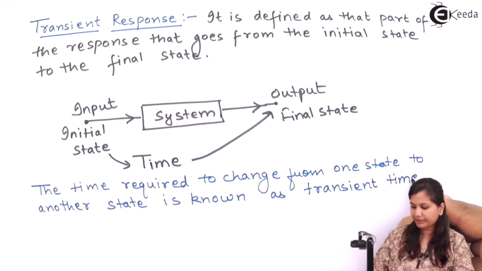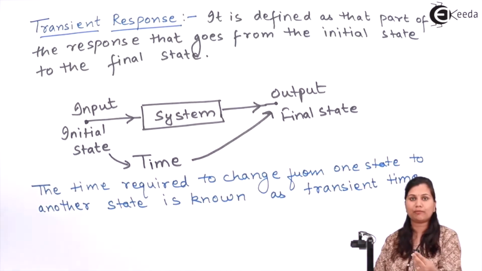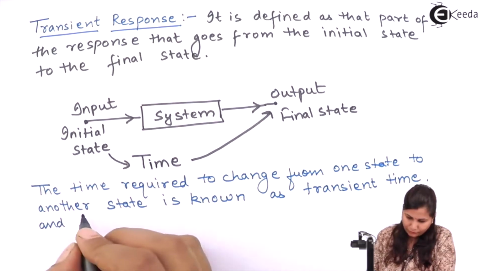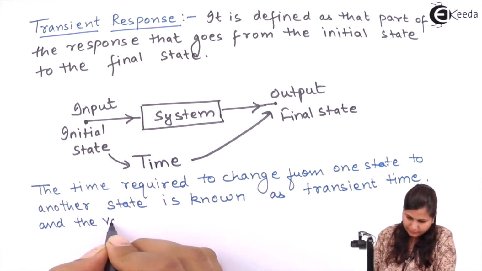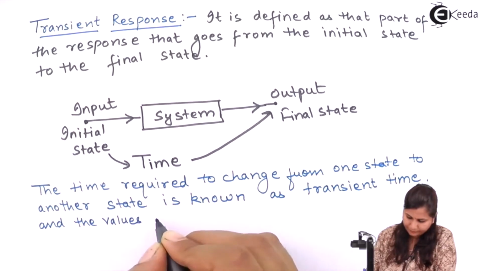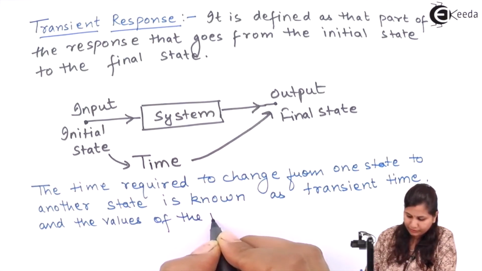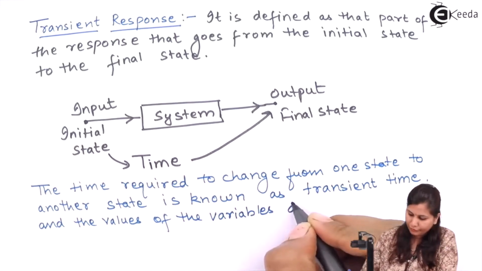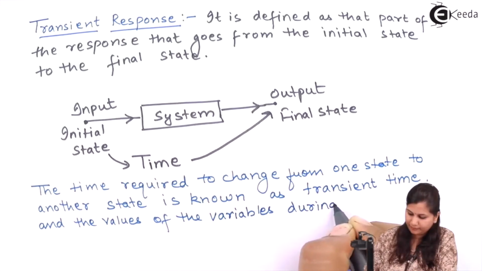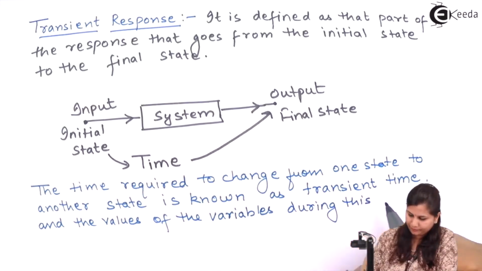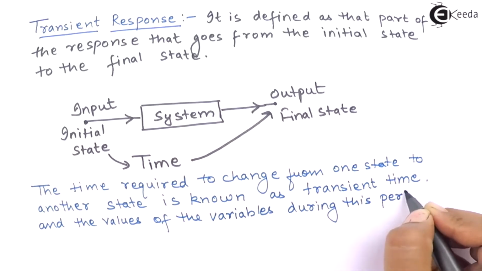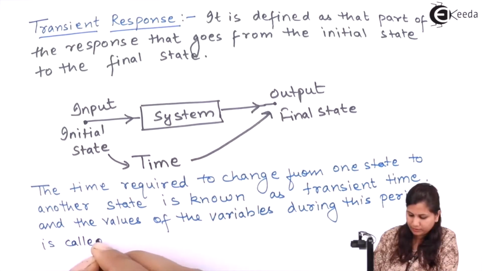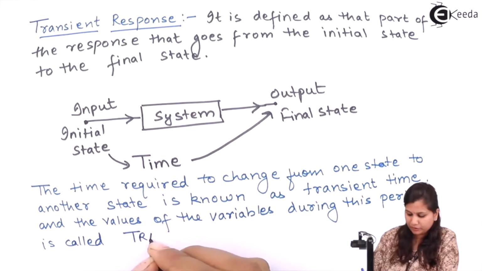That is the time taken for the system to change from one state to another state, and the values of the variables during this time are called the transient response.